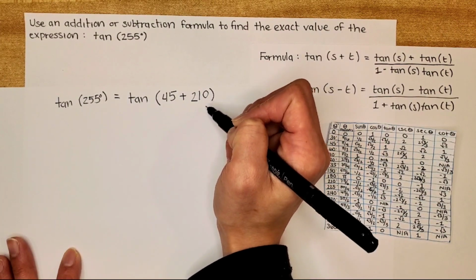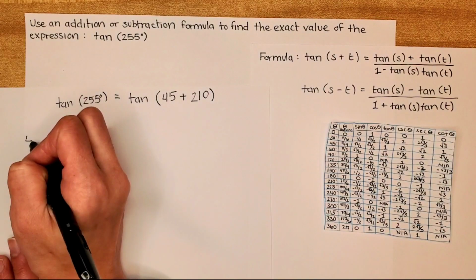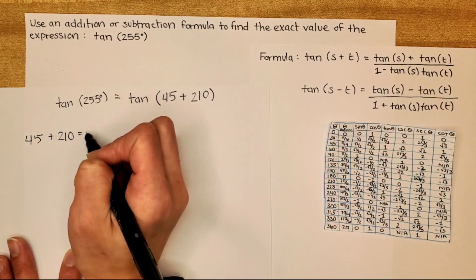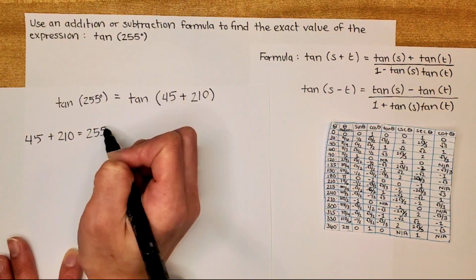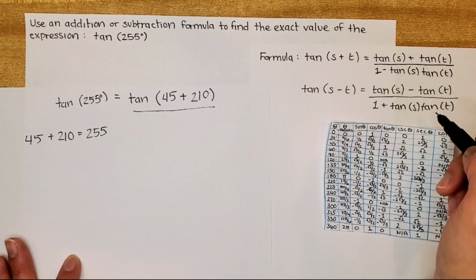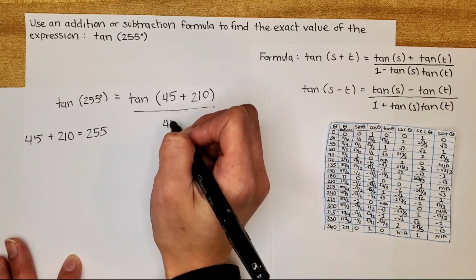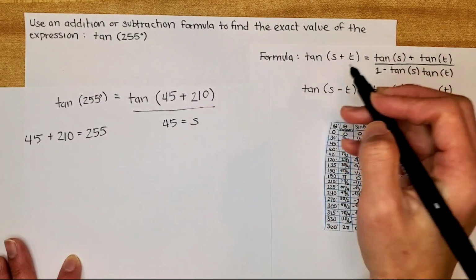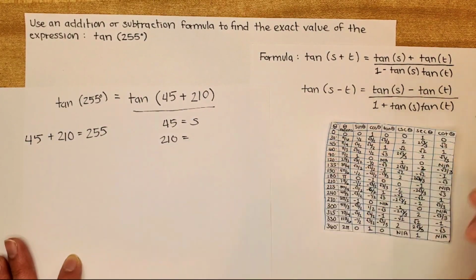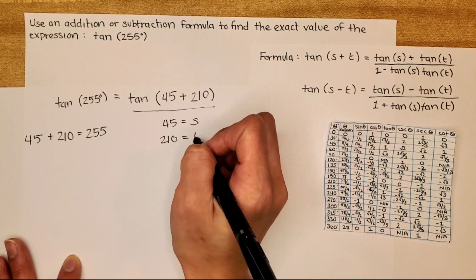When you add 45 to 210, that's going to give you a total of 255. My 45 is now equivalent to my S value in this formula, and my 210 value is equivalent to my T value, as you can see.